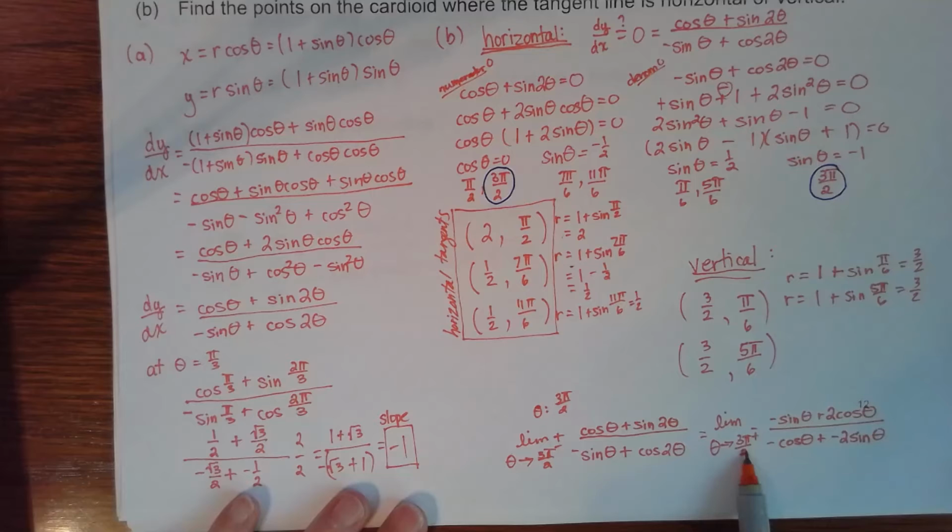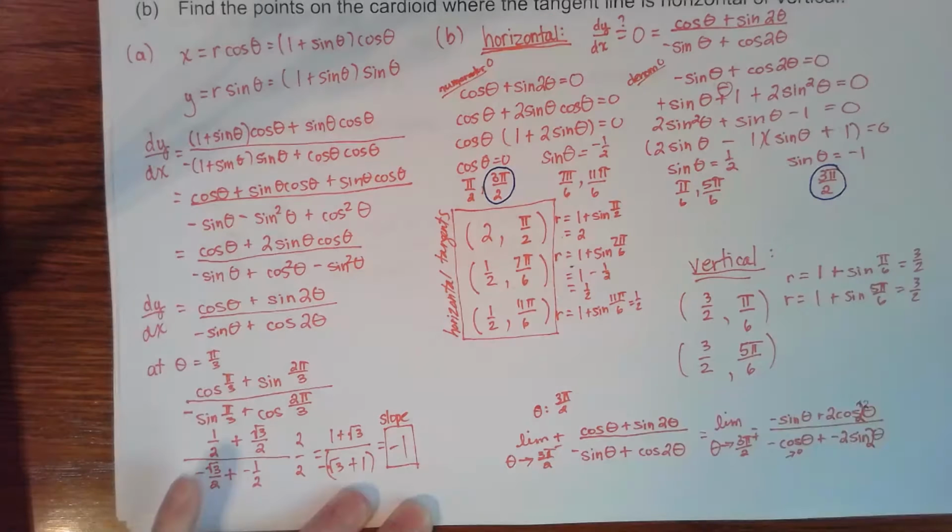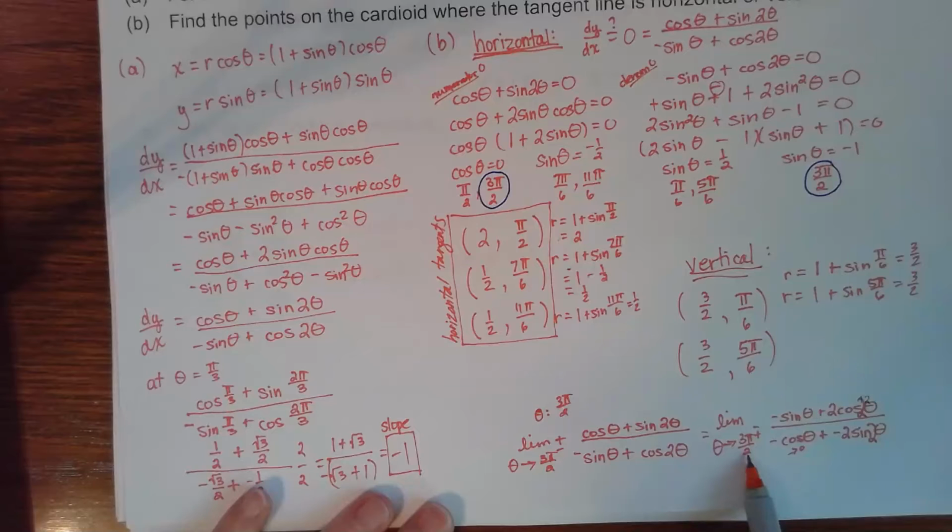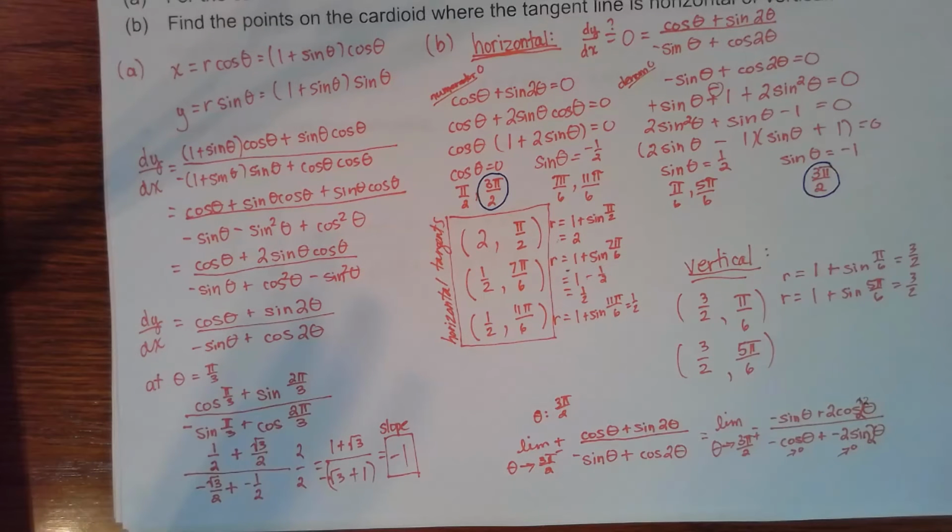If we substitute 3 pi over 2 in the denominator, the cosine of 3 pi over 2 is 0, so this one goes to 0. And the sine of 2 times 3 pi over 2, or the sine of 3 pi, is 0, so this one also goes to 0. So we still have a 0 in the denominator.